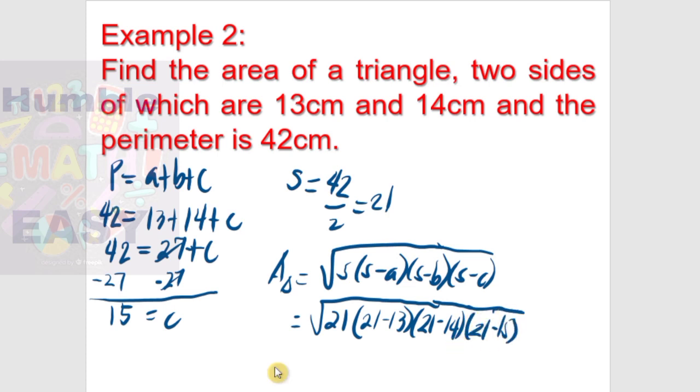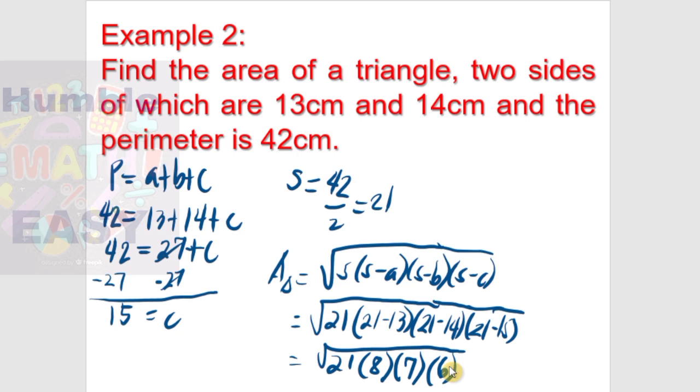So we have the square root of 21 times 8 times 21 minus 14, and that is 7, times 21 minus 15, and that is 6. Is it 9 or 6? 6. Okay. And so we have 21 times 8 times 7 times 6.